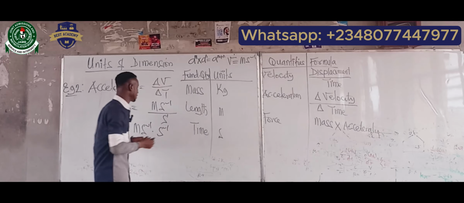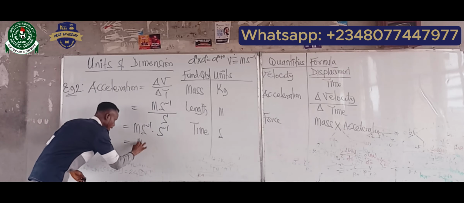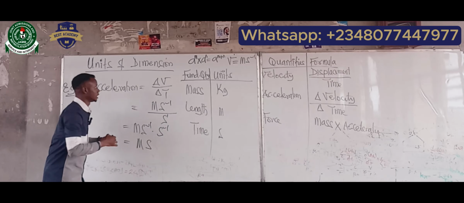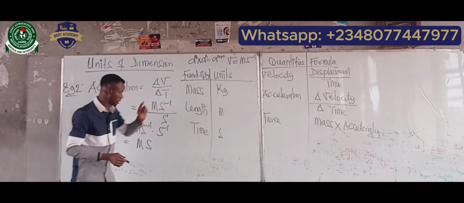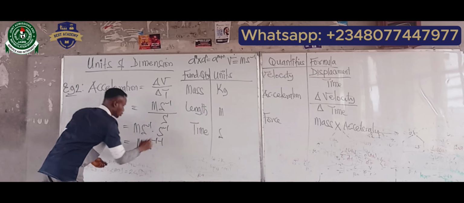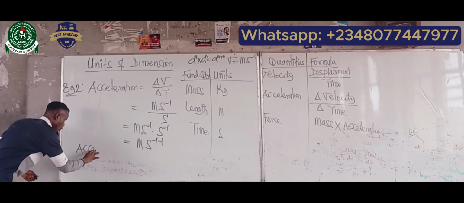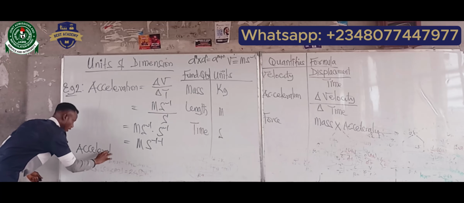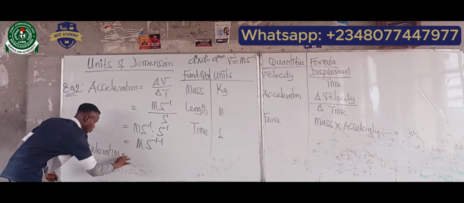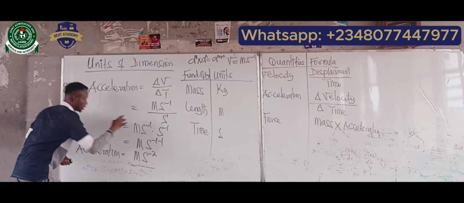So let's apply the same scenario here. This is times here, so you take only one s, you take only one base and add up their powers. What's the answer? Minus 1, minus 1. So finally, our acceleration will be equal to meter per second to the power minus 2. This is our answer here.